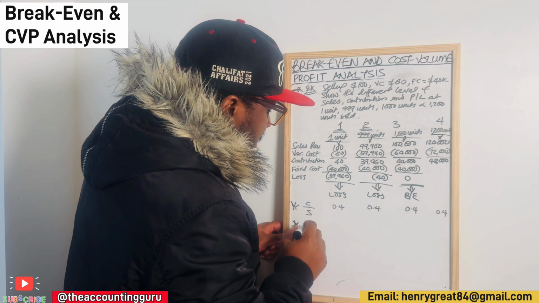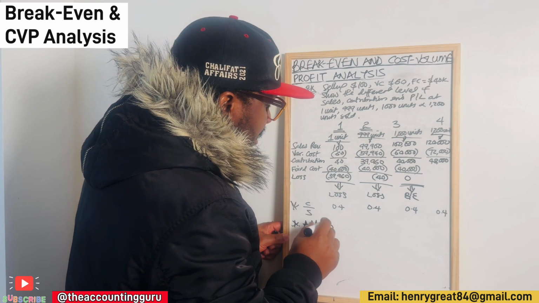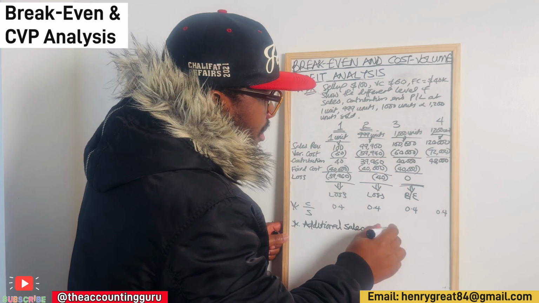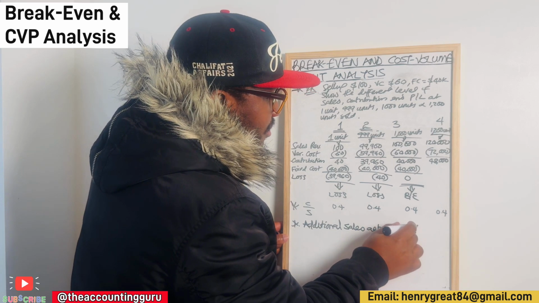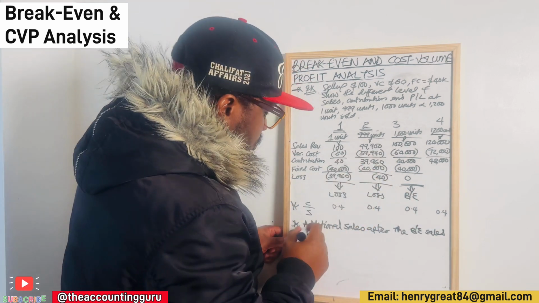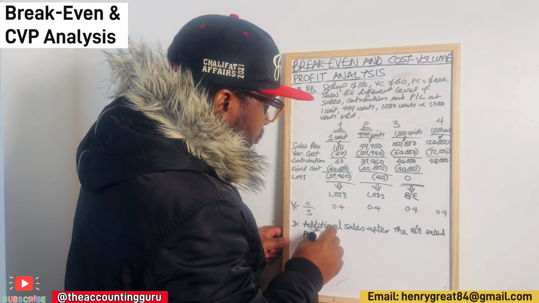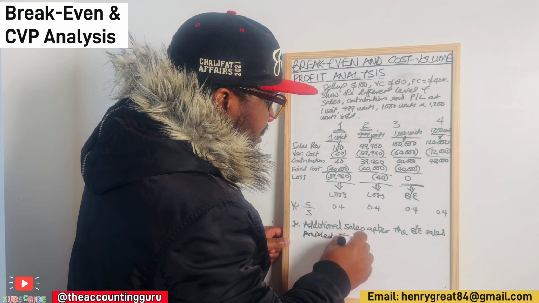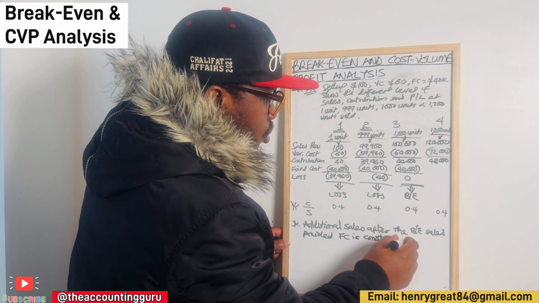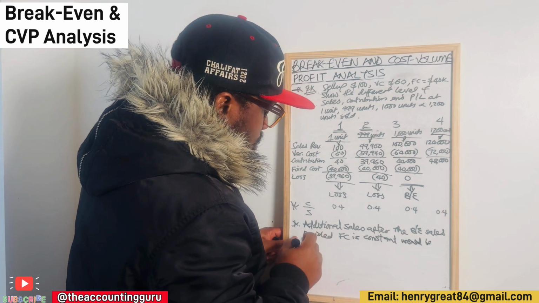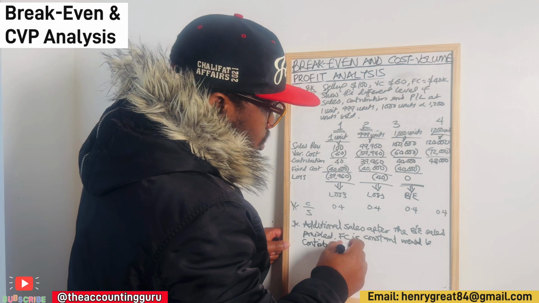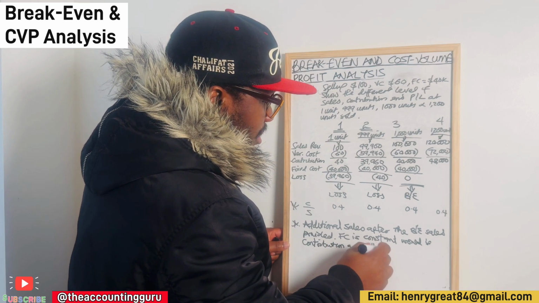2 is to prove that any additional sales after the break-even sales, provided that fixed cost is constant and unchanged, would be contribution as well as profit.